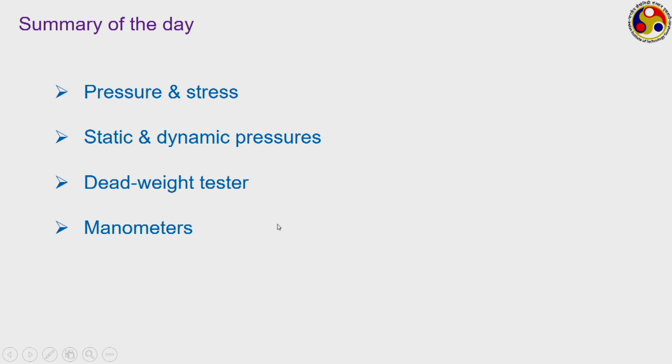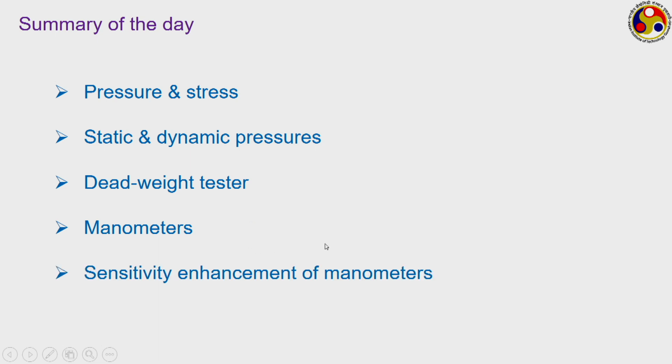And we have also discussed barometers as a variation of the well type one, and the inverted tube manometers, which is actually an inversion of the U tube manometers. And then we discussed the sensitivity enhancement of manometers, two different mechanisms. One is the inclined tube manometer, which is generally more relevant to well types, and the other is the micromanometer, which is more relevant to the U tube ones.